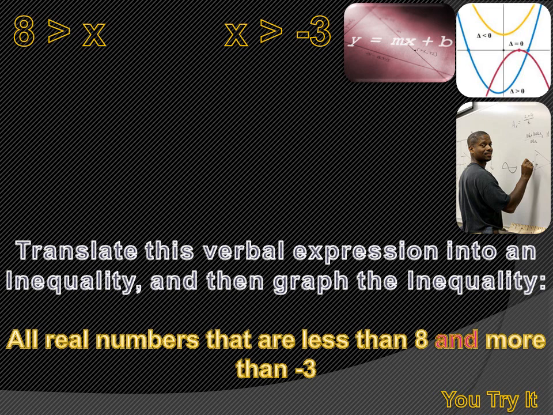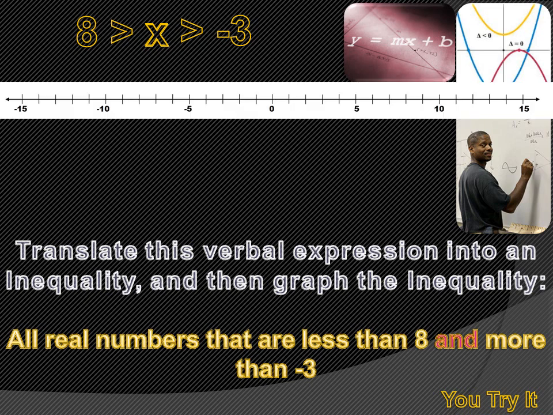And I want to do that because I want my x's in the middle. I want to be able to combine my two x's so that my expression reads 8 is greater than x, which is greater than minus 3. That's my compound inequality. x is between 8 and minus 3. It's less than 8, but it's greater than minus 3.